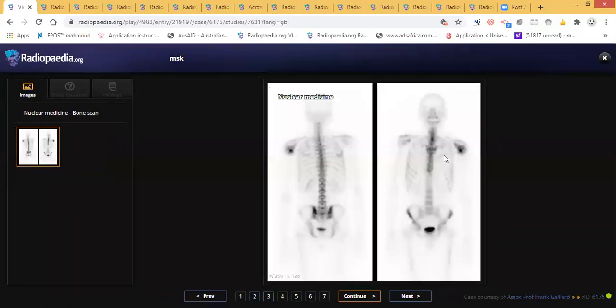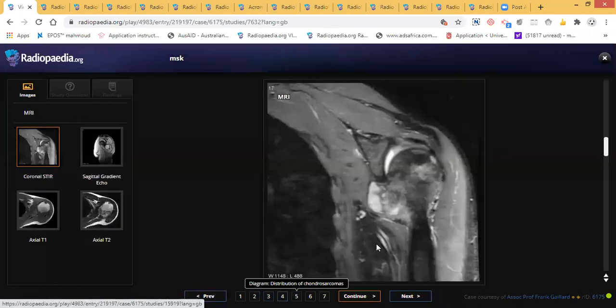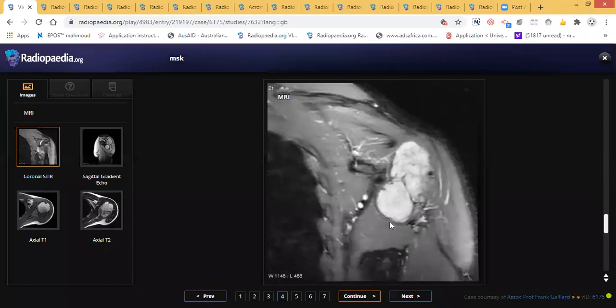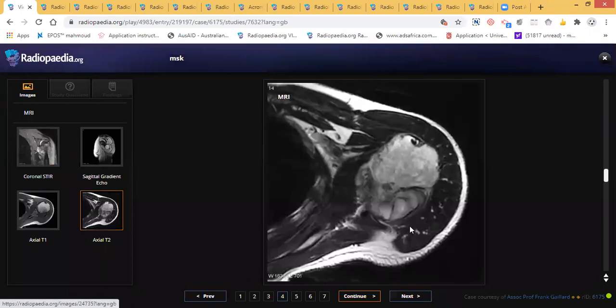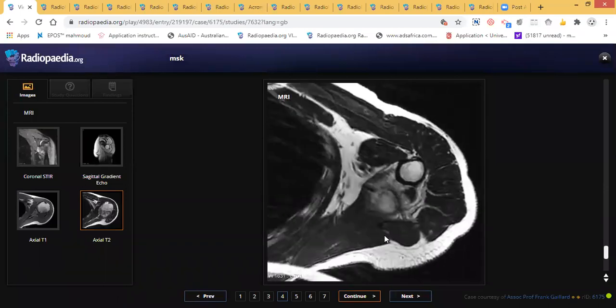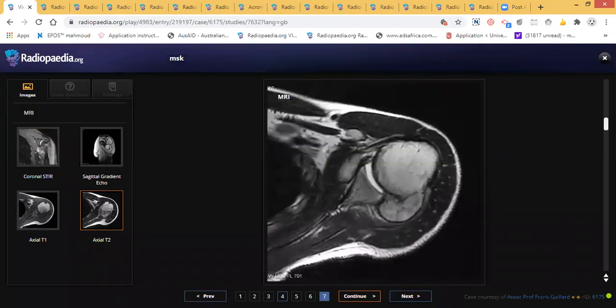So when you go to the bone scan, and finally you find this, just put it in the differential: chondrosarcoma, especially if you find something high in T2. Okay? It is not a typical case, but just put it in, especially if it goes through a previous osteochondroma.